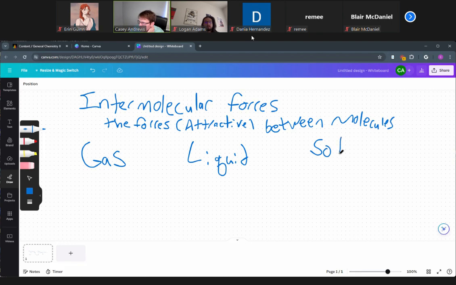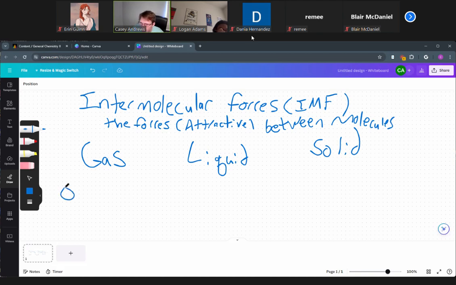These are our three types of matter. And when it comes to intermolecular forces, a lot of the times I will use the abbreviation IMF because I don't want to write this whole word. So anytime you see IMF, that's intermolecular force.